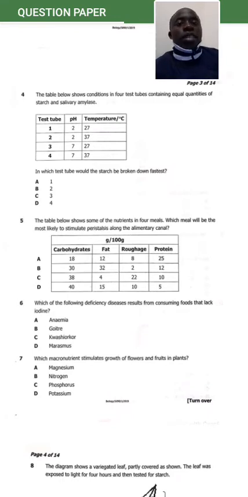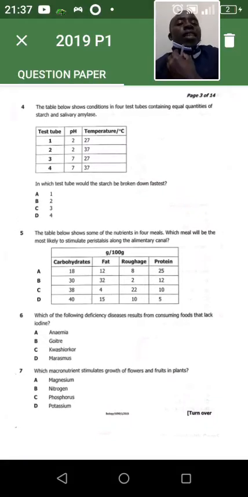Goiter is something that swells near or on the neck. It grows bigger because it shows that you are lacking iodine.